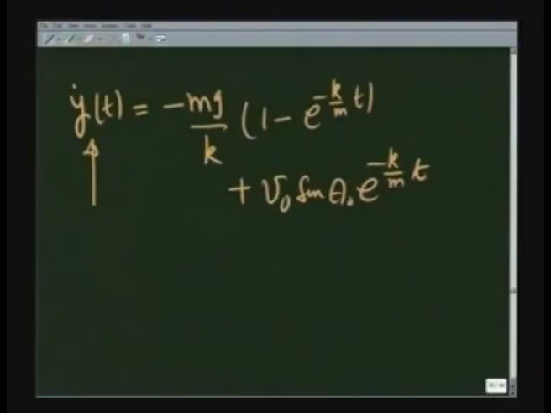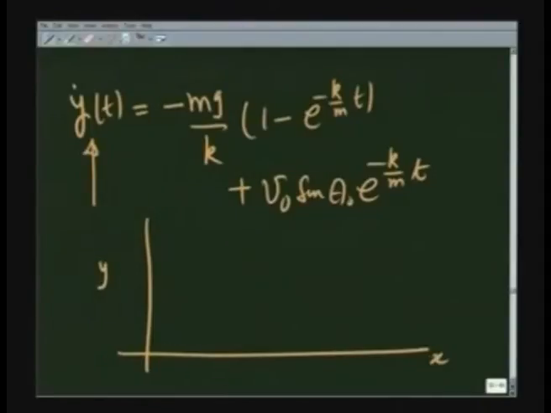If I want to find the trajectory of the particle, that is, I want to find how does it go in the space, then I have to solve for x and y and plot them y versus x, one versus the other.